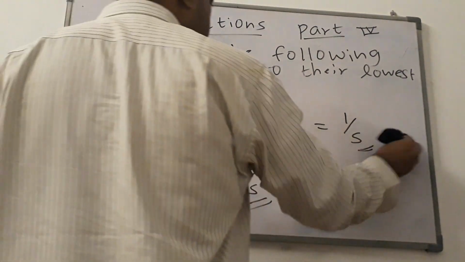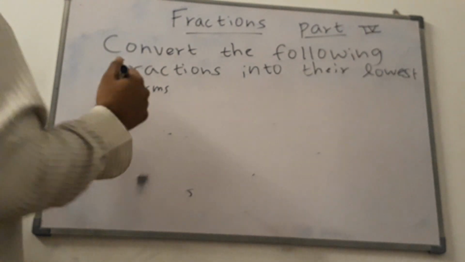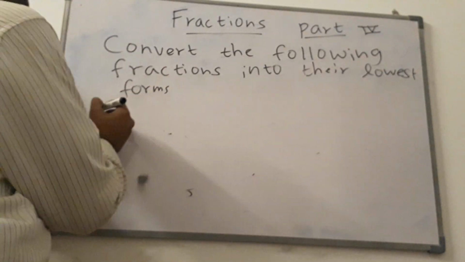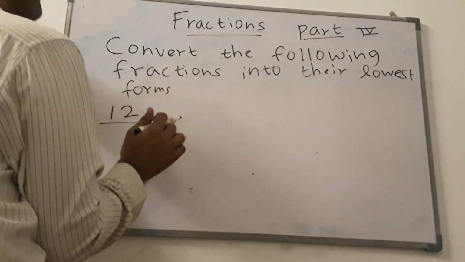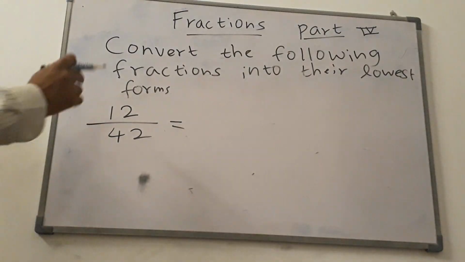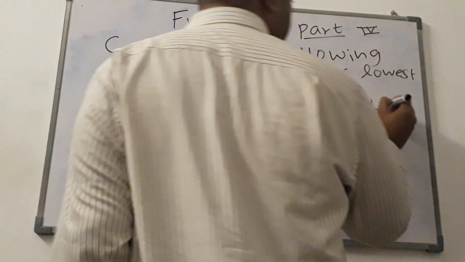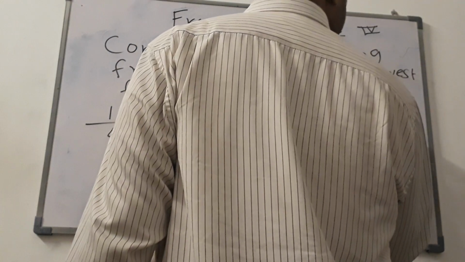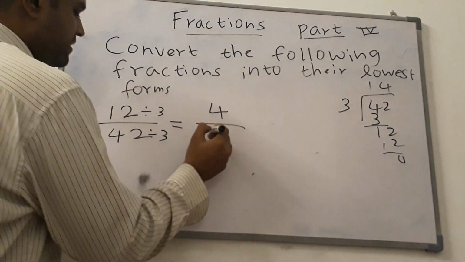Some more. Over 42. Both are divisible by 3. 3 times 4 is 12. 42 divided by 3 means 14, since there are 14 3's in 42.